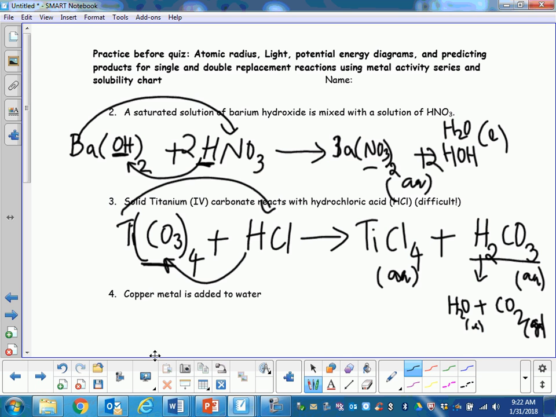Alright? This is also called carbonic acid. Hydrogen carbonate is also called what? Carbonic acid. When you drink soda, they bubble carbon dioxide into it. Alright? What does that become? It's actually carbonic acid. The minute you open a soda can, what happens?